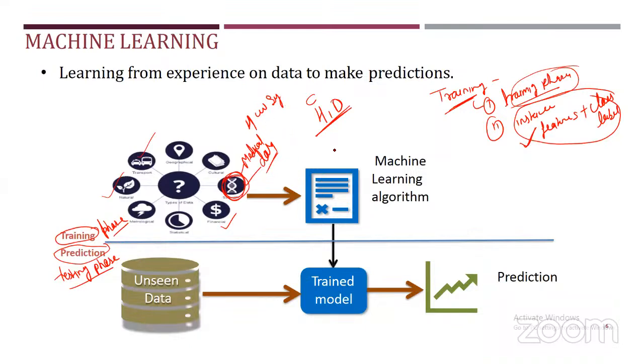In the machine learning algorithm, we will be supplying this complete information. And here you are going to have some machine learning algorithm. It could be a support vector machine, logistic regression, random forest, or linear regression.